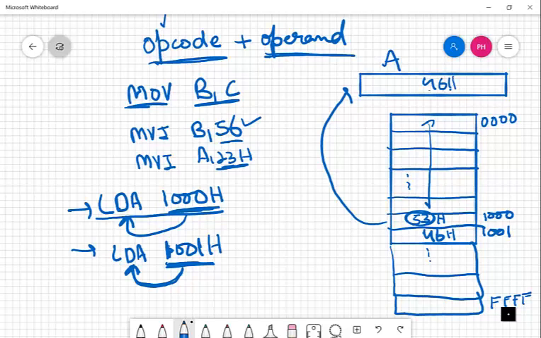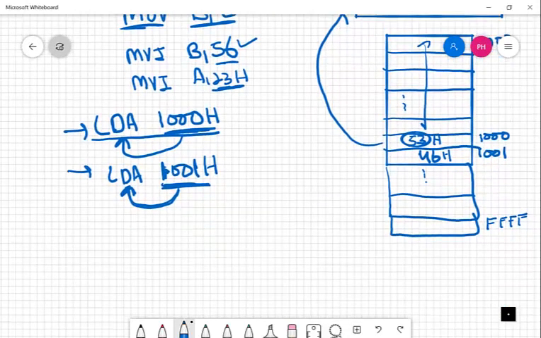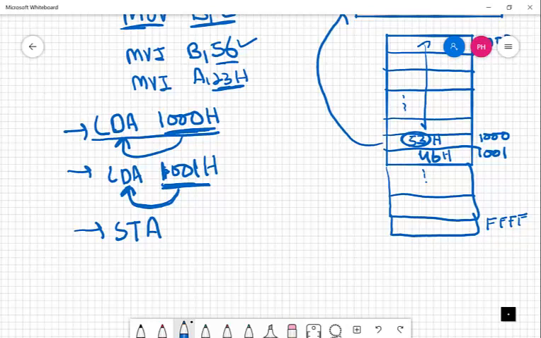Similarly, sometimes we need to store the contents of the accumulator inside a particular memory location. We have another instruction, that is store. STA: store the contents of accumulator, and then we give the address, for example 2000H. So whatever is in the accumulator will be written, in fact copied, to the memory location mentioned here, in this case 2000H.